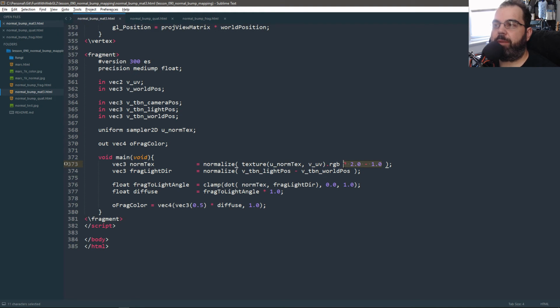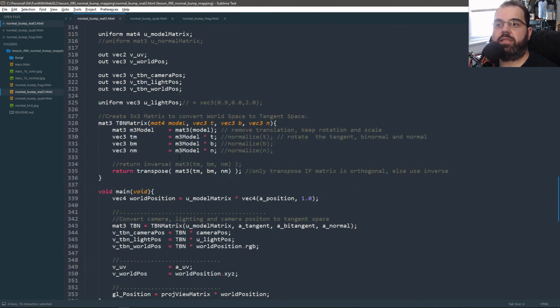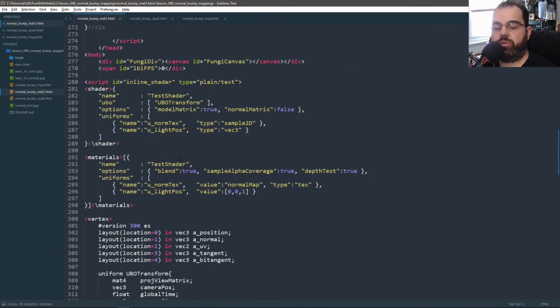We just need to map it into, I think, -1 to 1. Because from the texture it's between 0 and 1, so we just remap it, we normalize it, and then we can use our tangent space values to calculate light. And that is really the entire process of using a normal texture.